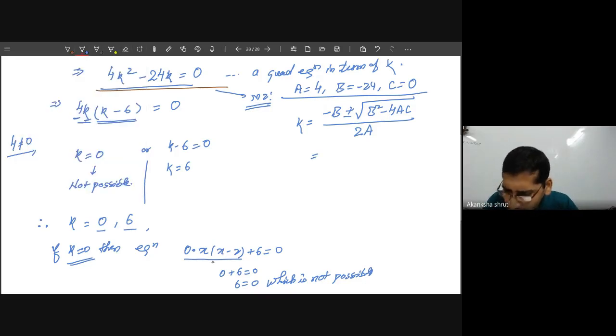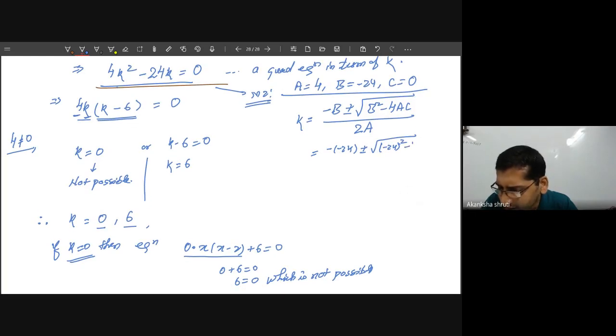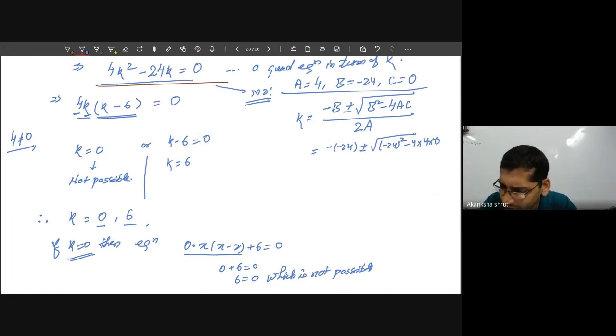So it is minus B, so minus of minus 24 plus minus under root of minus 24 square minus 4 into 0. What are we getting? This 4AC term is becoming 0. So 2 into 4.